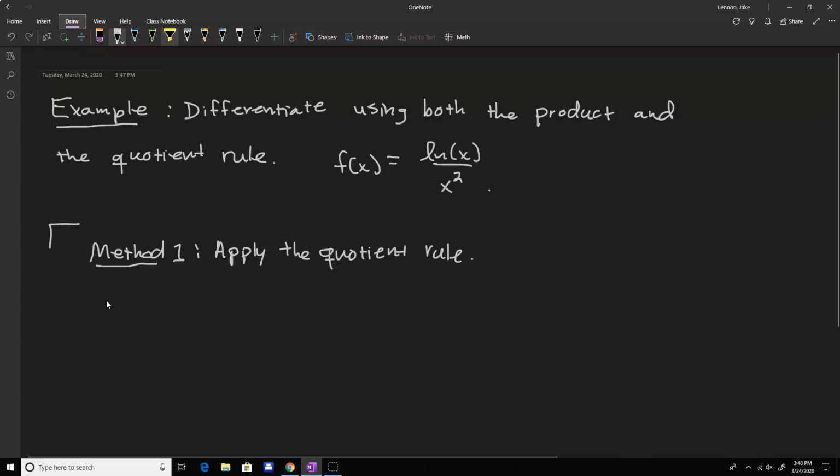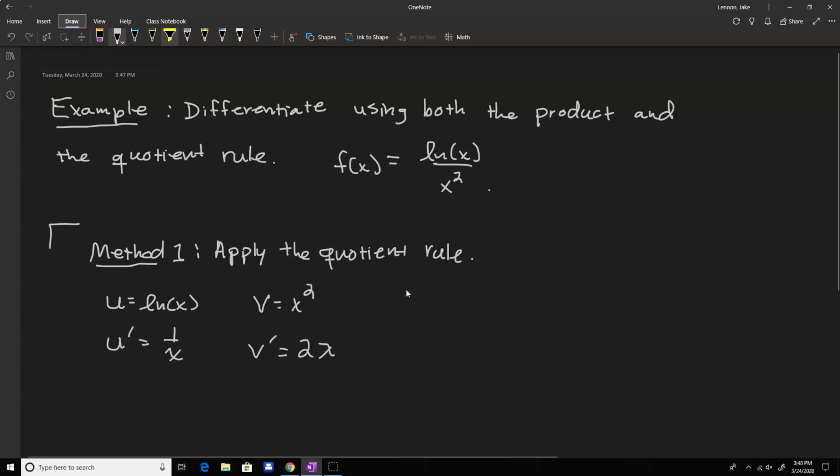So doing that, we would have u is the natural log of x, v is x squared, so u prime should be 1 over x, and v prime would be 2x.